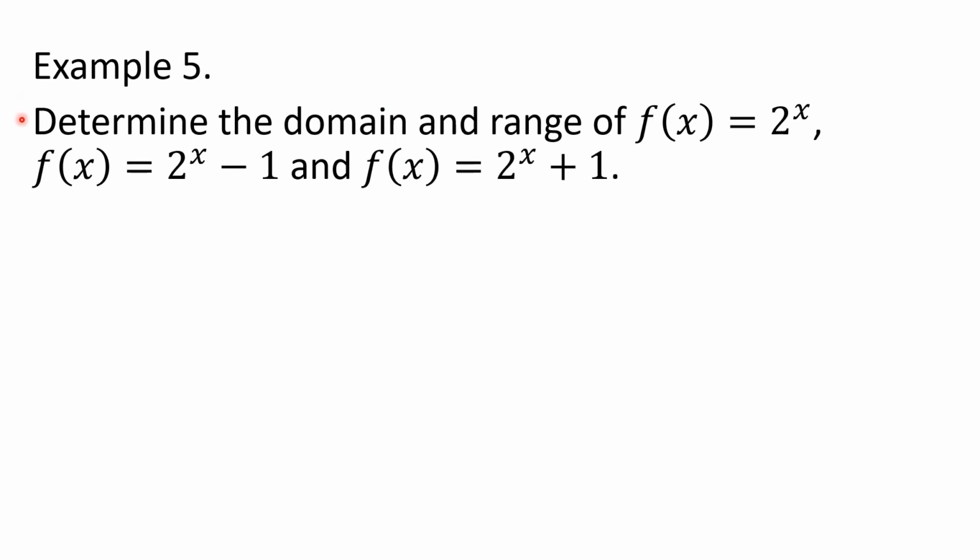Example 5. Determine the domain and range of f of x equals 2 to the x, f of x equals 2 to the x minus 1, and f of x equals 2 to the x plus 1. Notice that the values of b in the three equations are all 2. However, they differ in d values.